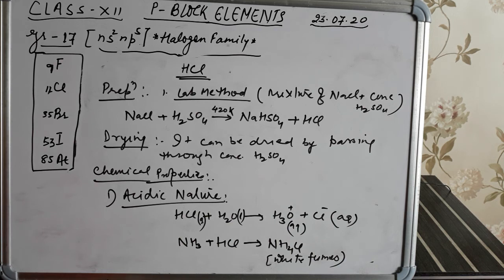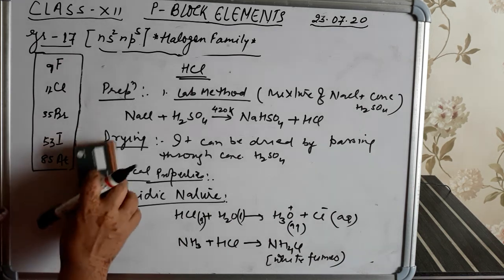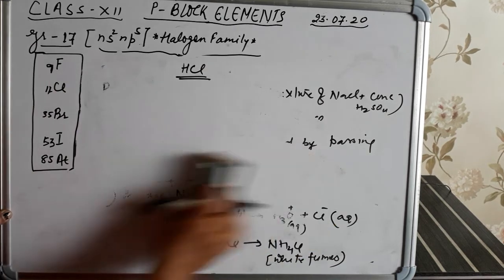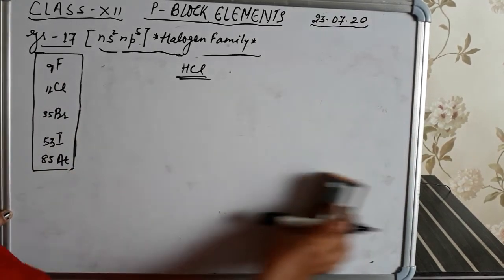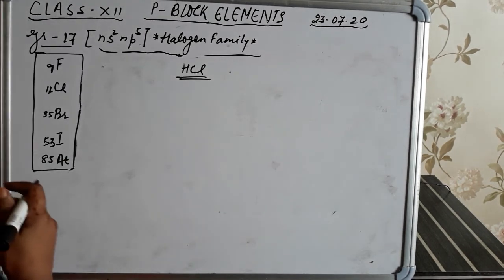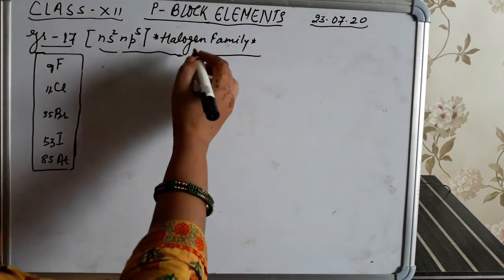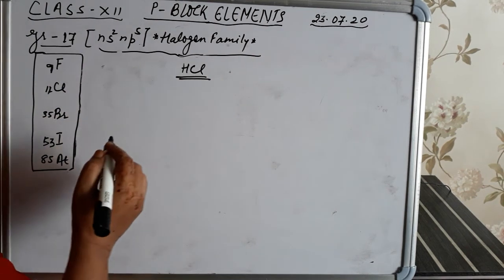Let's discuss the reaction with nitric acid. We know that a 3:1 proportion of HCl and HNO3 is taken to form aqua regia.